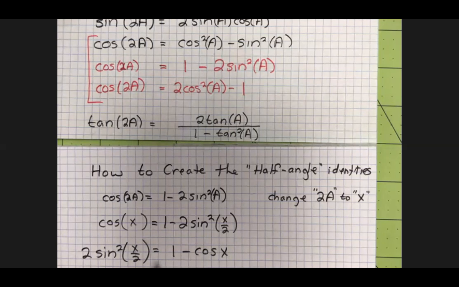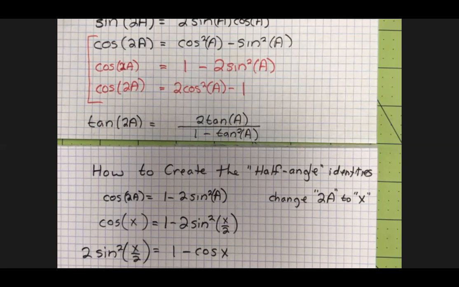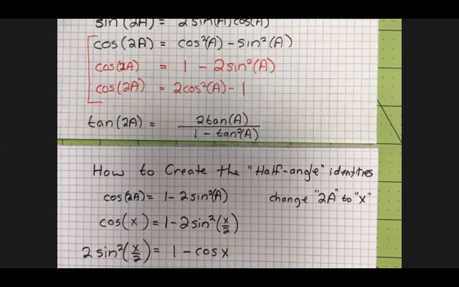I'll divide both sides by 2. And I still don't know the sine of x over 2. This is the sine squared. This is the square of the sine of x over 2.